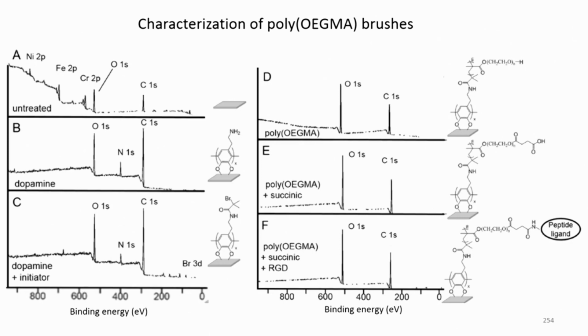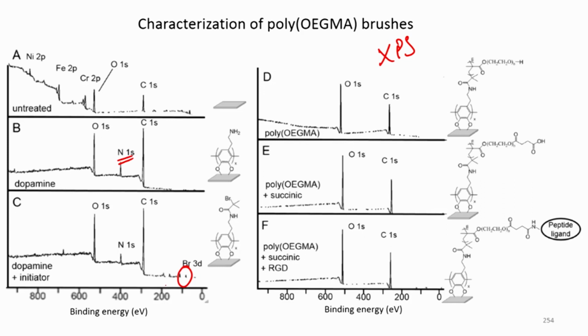So, here are some of the results. They have done some characterization of these surfaces. What they find is, yes, the modifications happen. This is an XPS image to find what elements are there. Compared to the untreated, you see a very different profile where dopamine has come in, a lot of nitrogen has come in on the dopamine, and then you have added an initiator where a bromine peak has showed up.